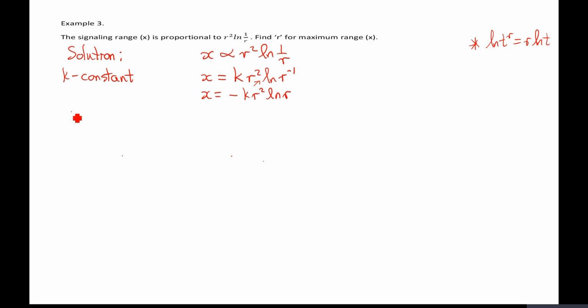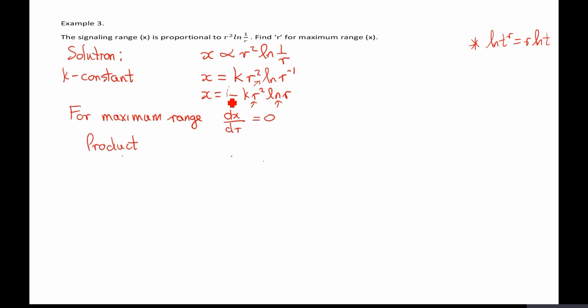So if we want maximum range, we want the derivative with respect to r to be equal to 0. So let's look at our derivative. There's r squared and there's ln r. So it's r squared times ln r, which means we're going to use the product rule.